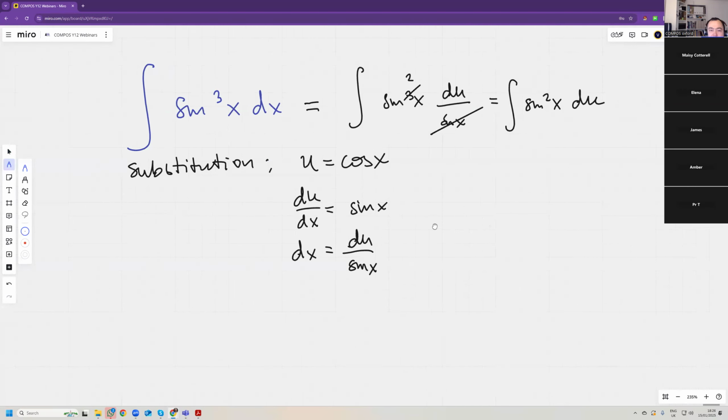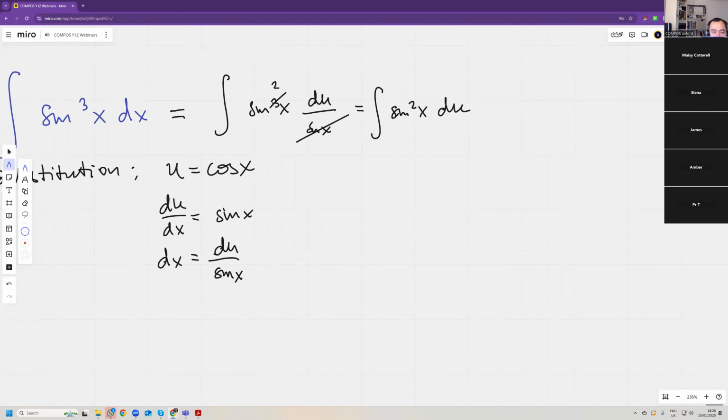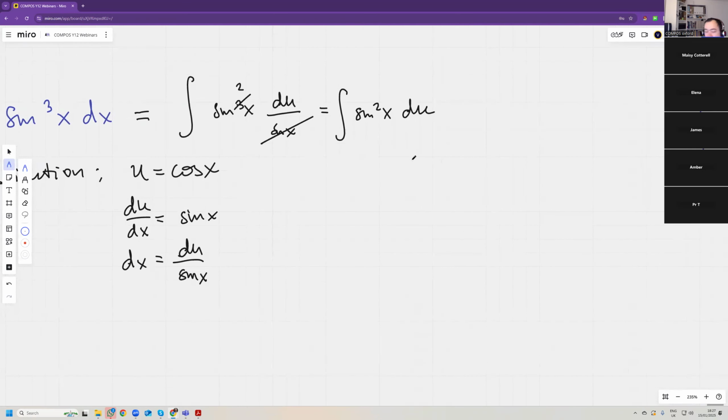What do you think I can do with sine squared x for it to become in terms of u? What's sine squared x in terms of u? Has anyone noticed? Oh, you could do that. It's 1 minus cos squared x, which is u.